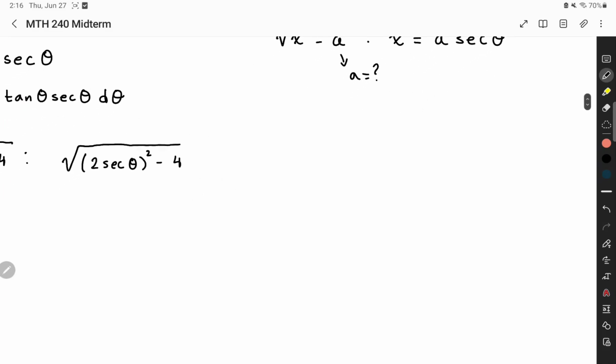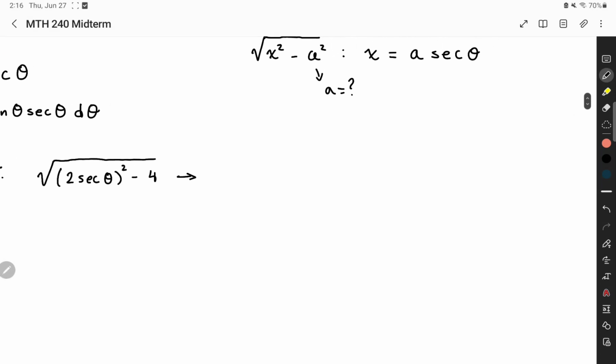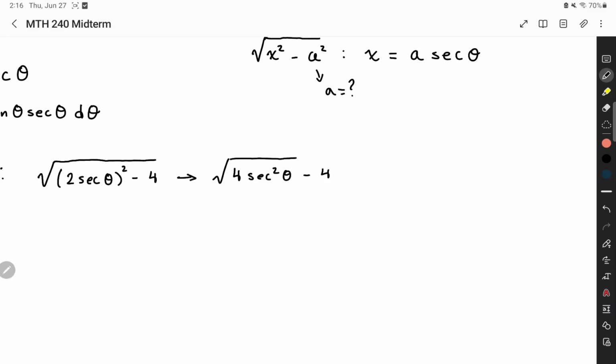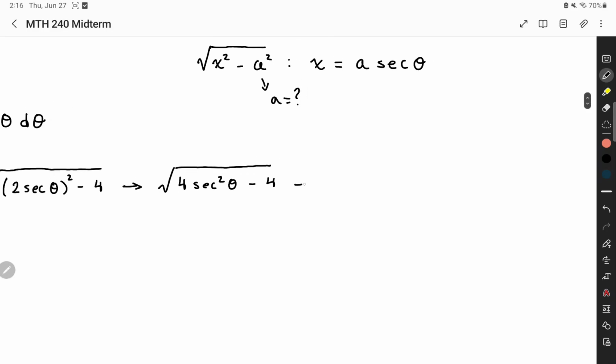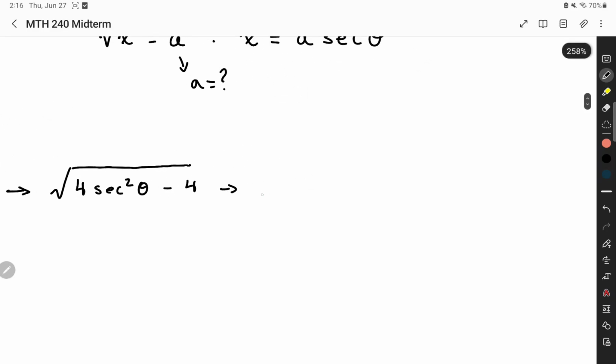Okay, so if we then expand this, then this turns into 4 secant squared theta minus 4. And we can then factor out a 4 out of the expression under the root. So we can do 4, and that leaves us with secant squared theta minus 1.